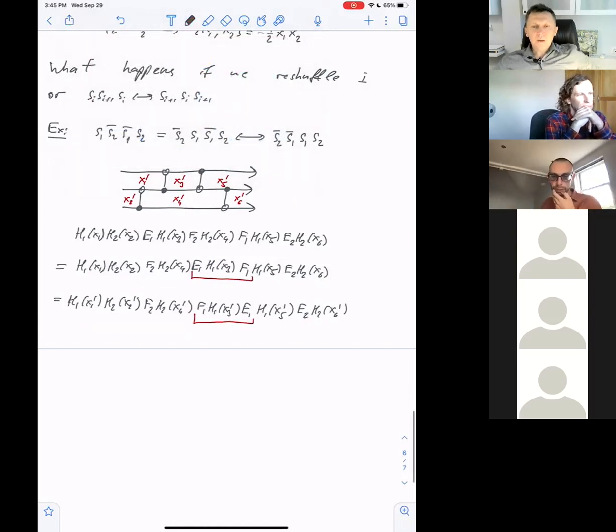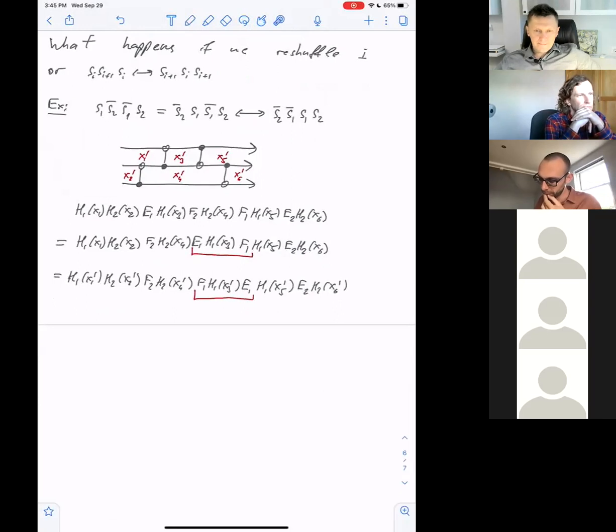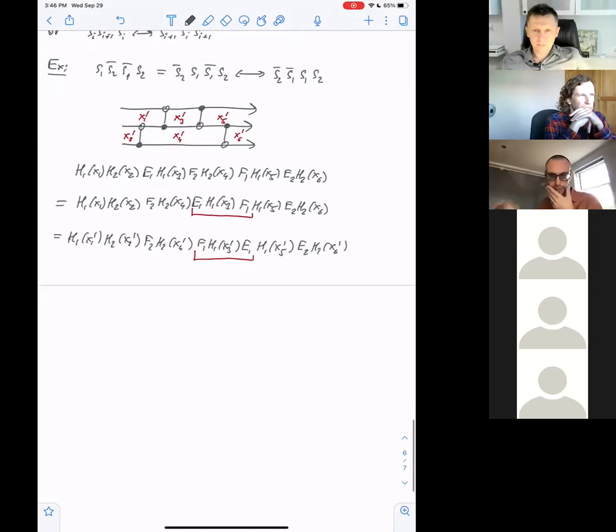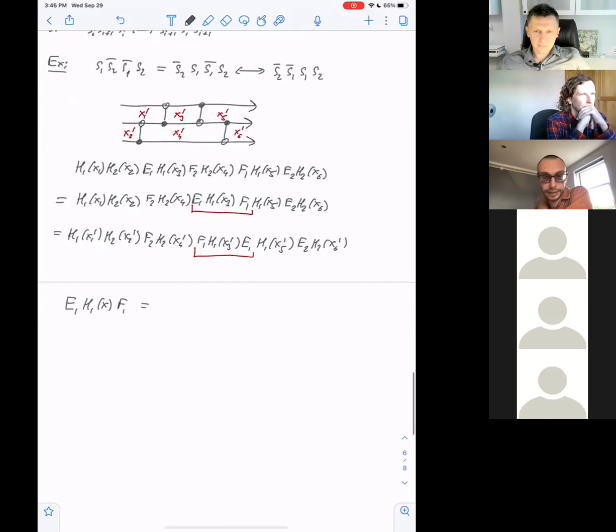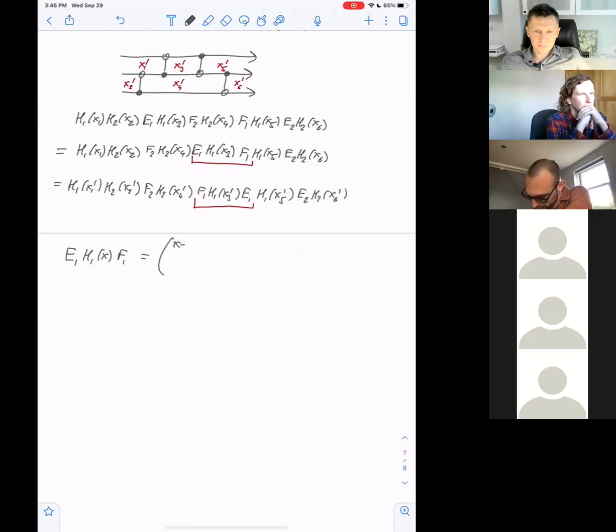In order to solve that, we really just need to be able to write this expression in the form F1, H1, E1. And here's how it can be done. I'll just give you the end result. Hopefully you'll believe me. If I write E1, H1 of x, F1, I get some matrix, in this example, like this.